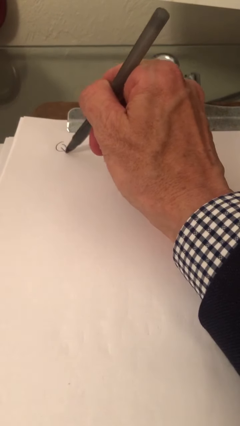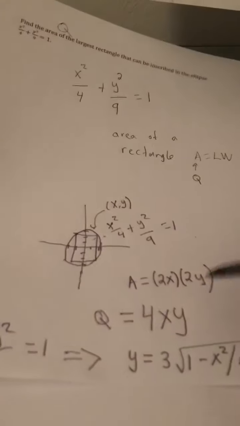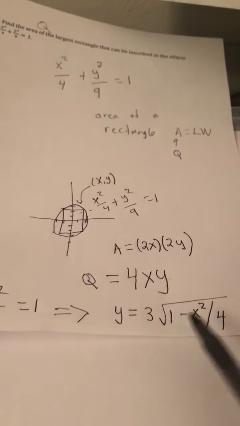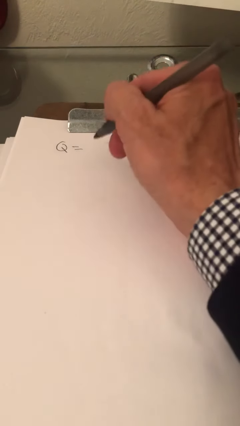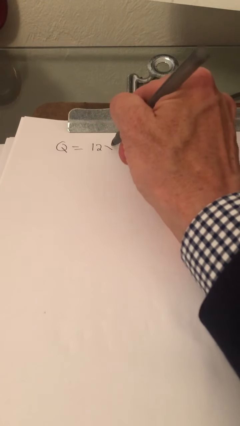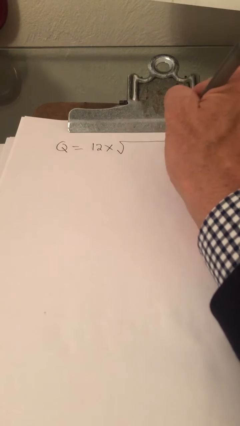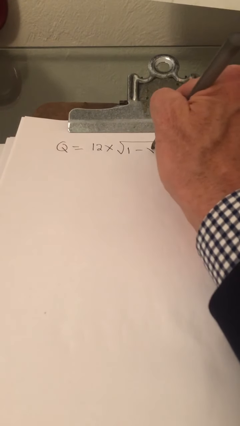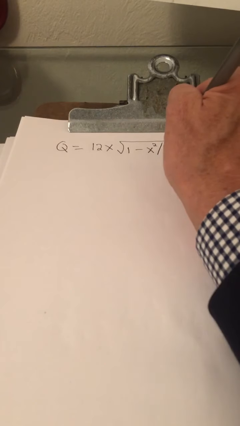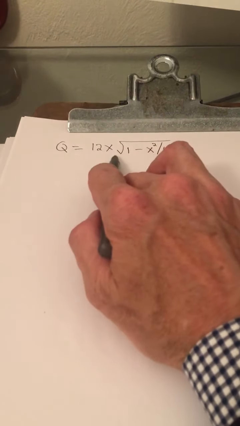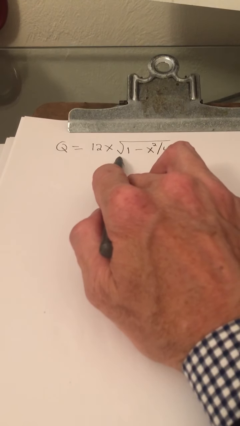So Q, if I replace y with all of that, I get Q equals 12x times the square root of 1 minus x squared over 4. So now that we have Q in terms of only one variable, we can now differentiate.